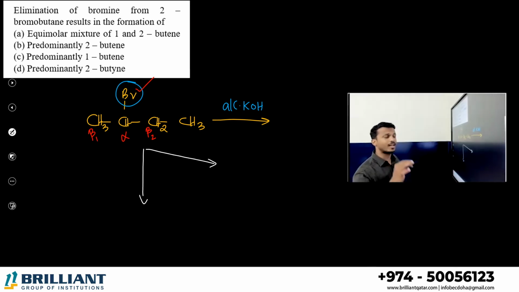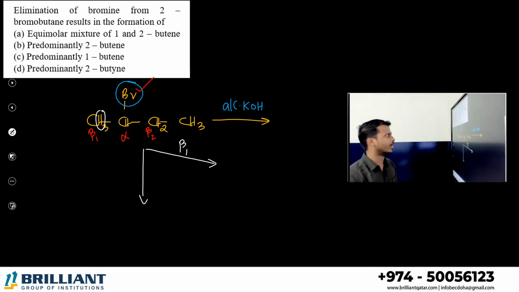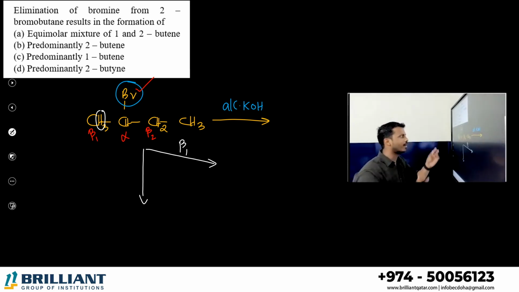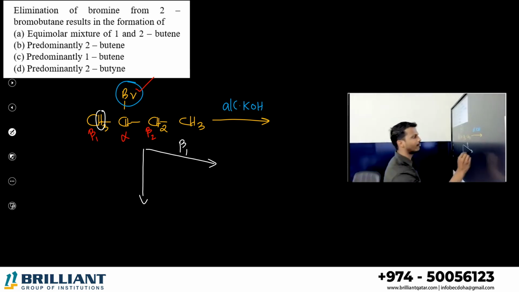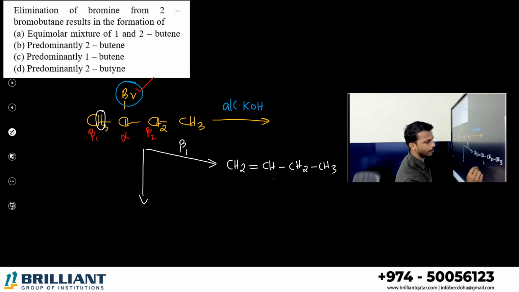If I am taking the hydrogen from the beta 1 carbon, I take the bromine from the alpha carbon, take the hydrogen from the left beta carbon, and put a double bond between that alpha and beta. Your product will be this one, but-1-ene.